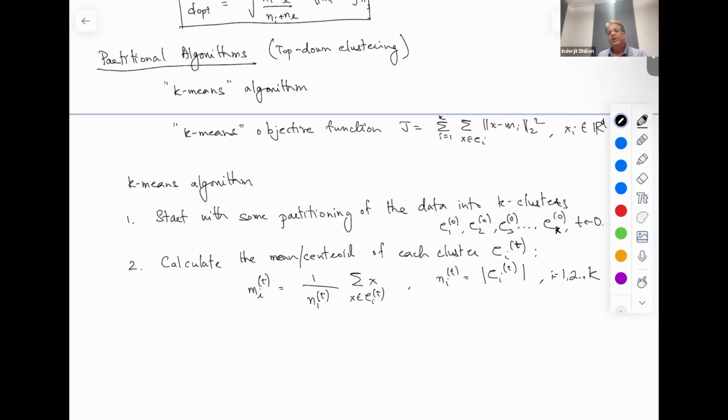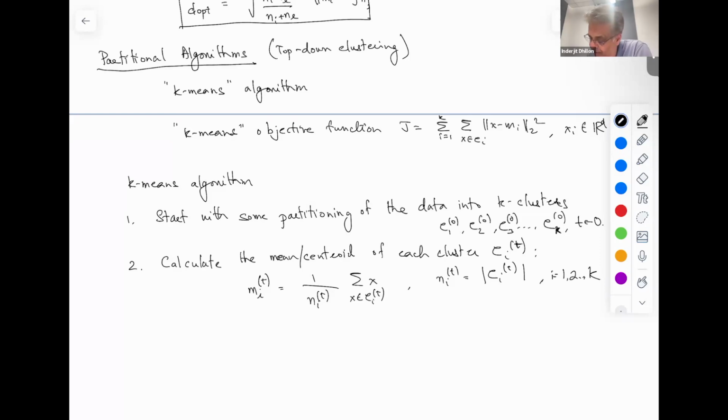And then each data point asks the question, which mean vector am I closest to? And depending upon the answer, it reassigns itself to the nearest cluster centroid.